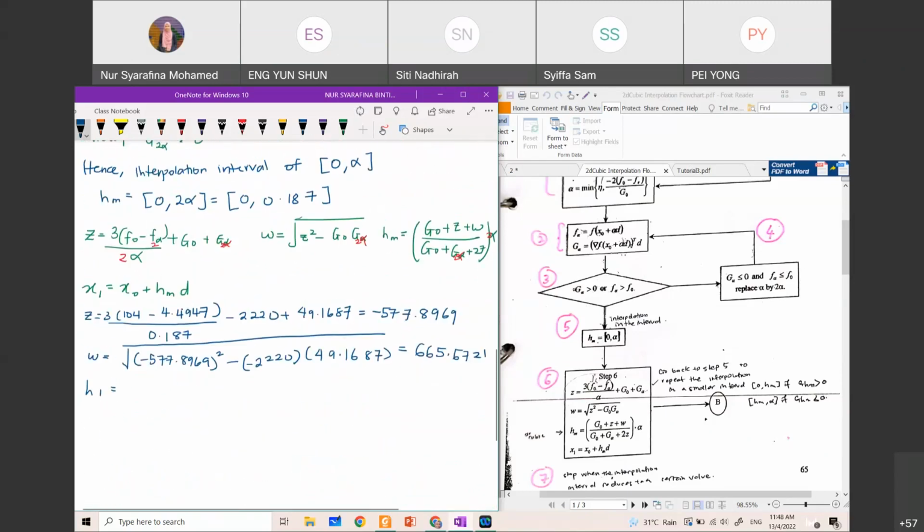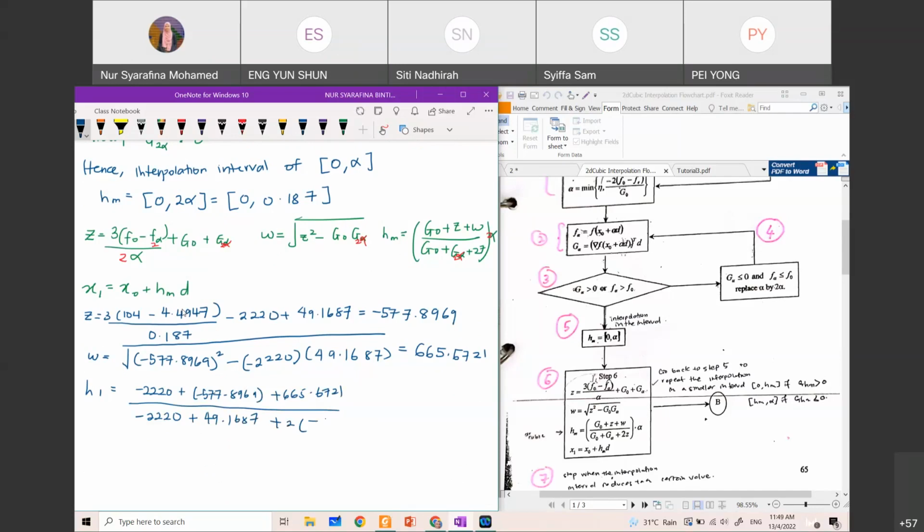Now your H1 equals G naught, negative 220, plus Z plus W, divided by G naught plus G2 alpha, 49, plus 2Z.